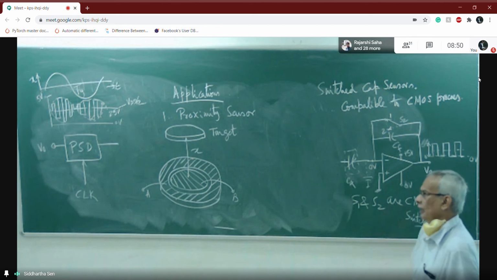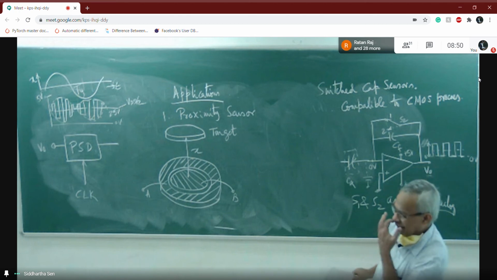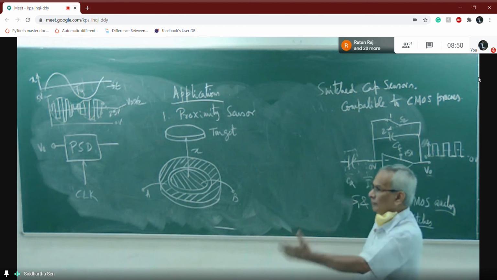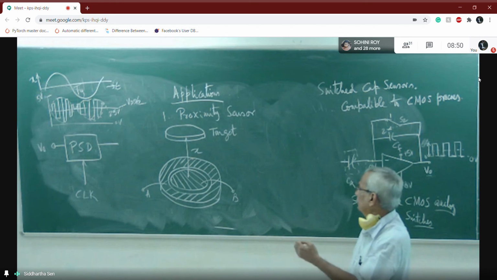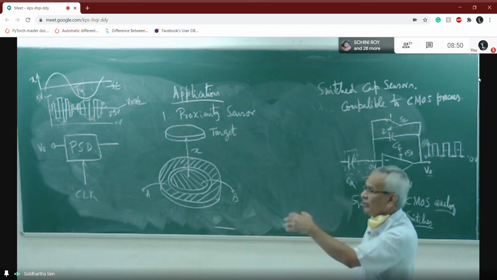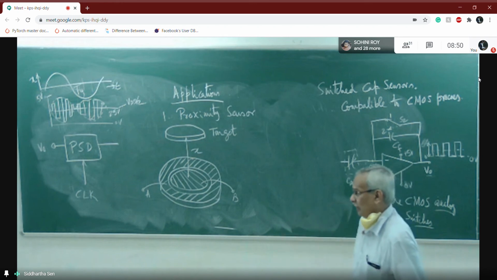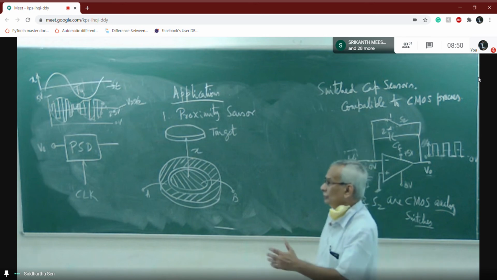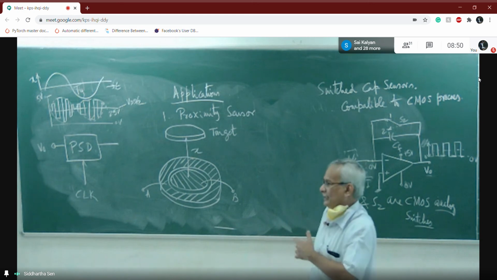and the robots have many proximity sensors because if it is moving, and something comes very nearby, it must sense it and then simply stop or change its trajectory.